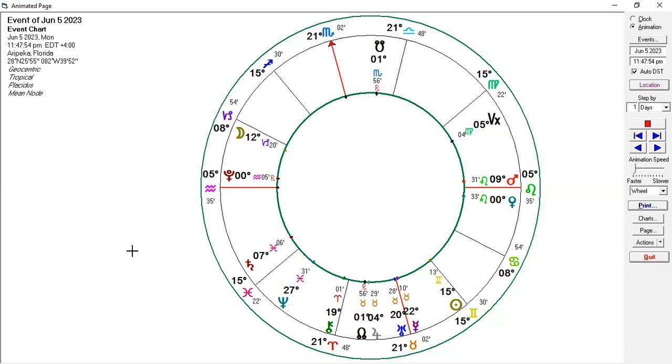But nonetheless, right here Pluto is at 0 degrees of Aquarius, about ready to back into Capricorn. So this is very interesting. And I think the ripples of this are just starting. It's like we just dropped the boulder into the pond, and the waves and ripples haven't really started yet.